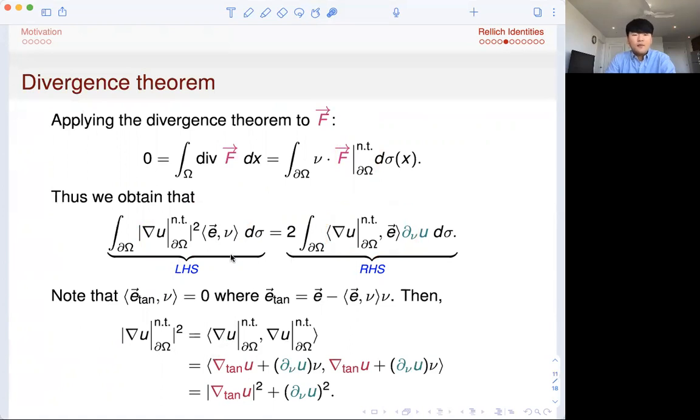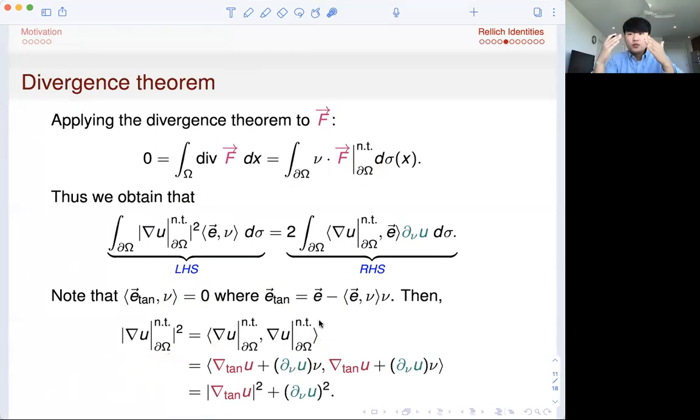And then from this identity, we have this identity. So I will call this the left-hand side and this the right-hand side. And E' is perpendicular to the normal vector, where E' is denoted by this. But then the square of the non-tangential trace of the gradient of u is the inner product of itself.